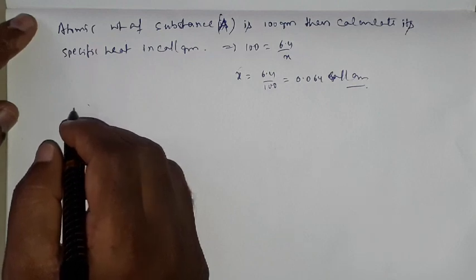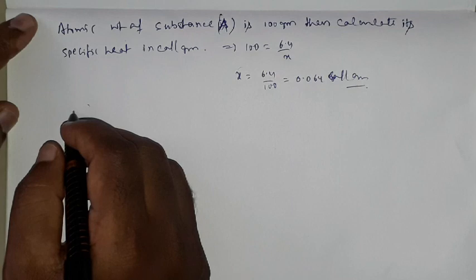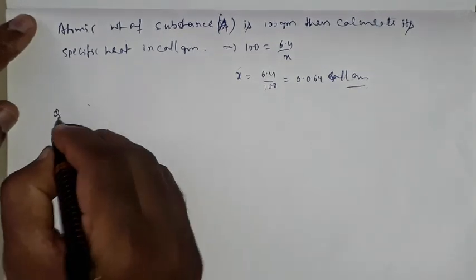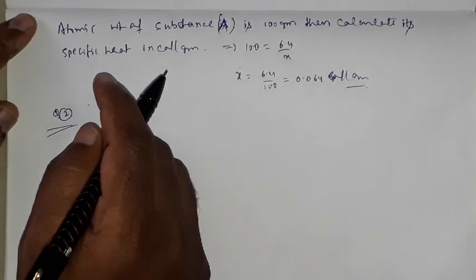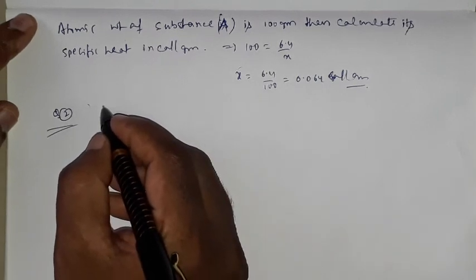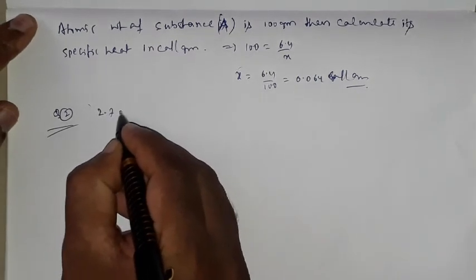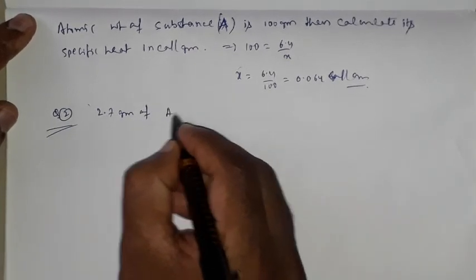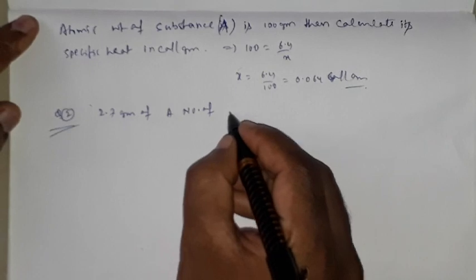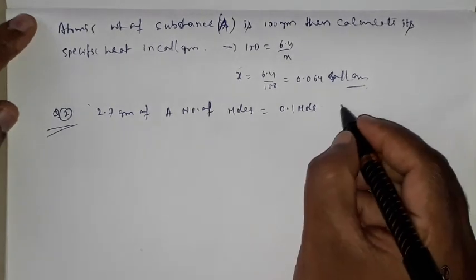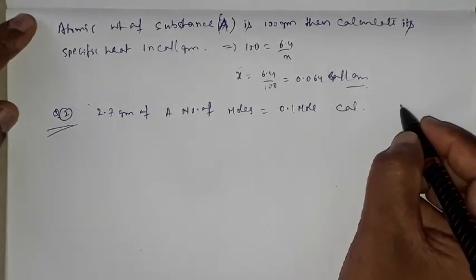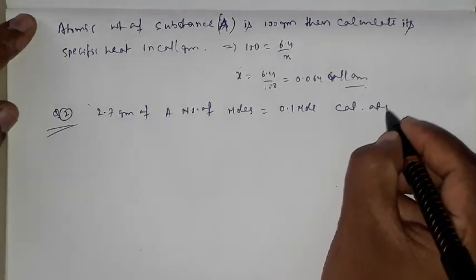Then, a related question: if 2.7 grams of Al is 0.1 mole, calculate the atomic weight.